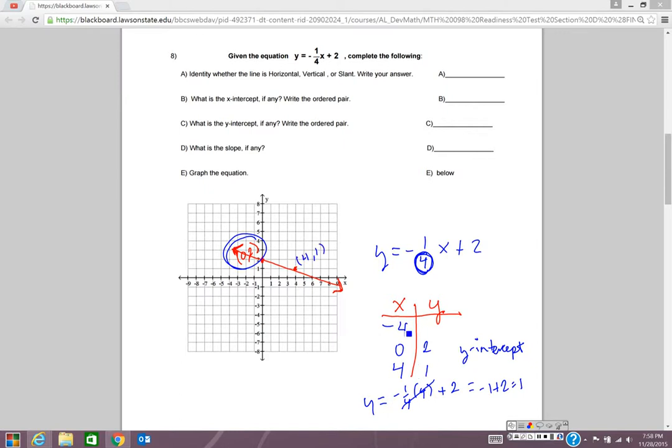And if we plug in negative 4, now if you look at negative 4, it looks like it's going in this direction right here, right? So let's try it. If we plug in negative 4, as you can see here, 4 goes into 4 one time, but that negative 1 times that negative will be positive 1, plus 2 is 3.